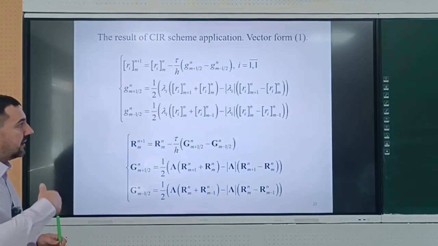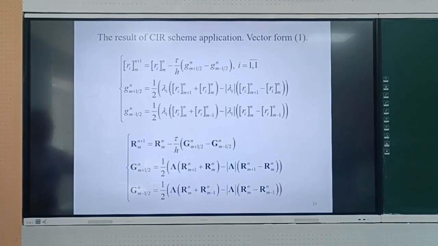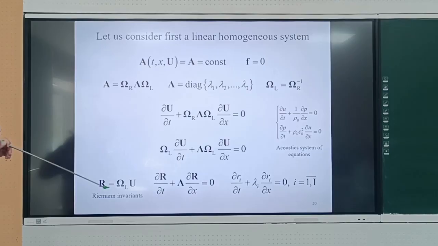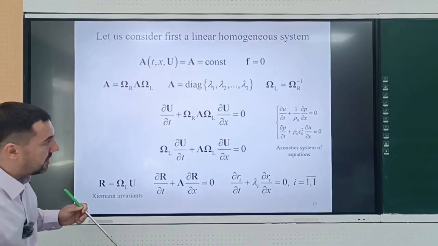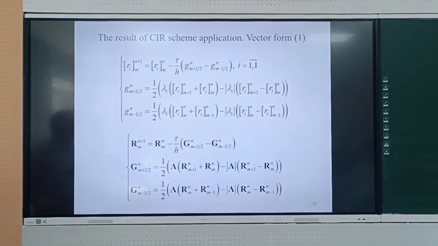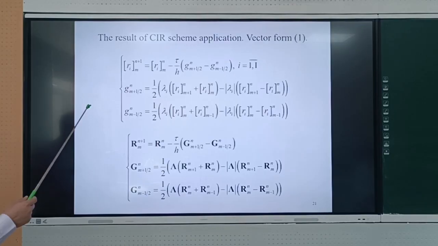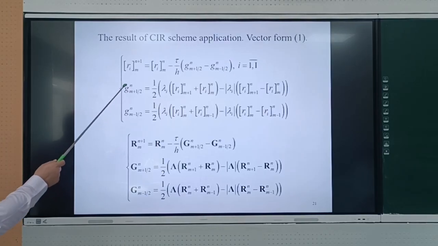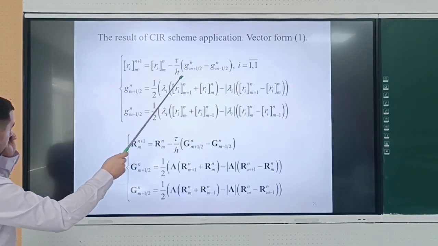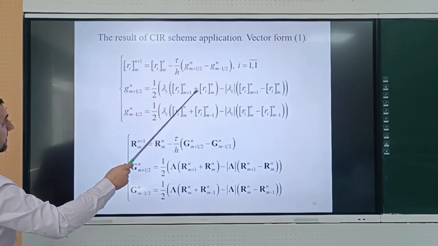So let's apply our Courant-Isaacson-Rees numerical scheme to these equations obtained after this transformation from our initial problem. This is just the Courant-Isaacson-Rees numerical scheme that I have already written today. We just use the notation G for numerical flux.